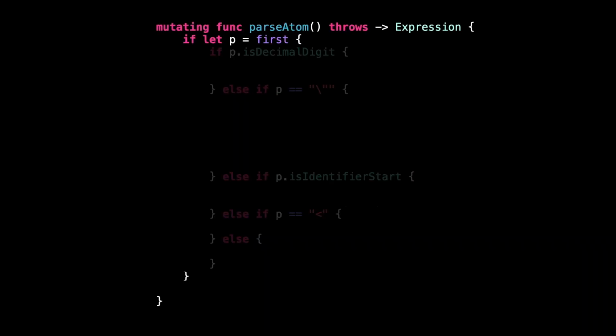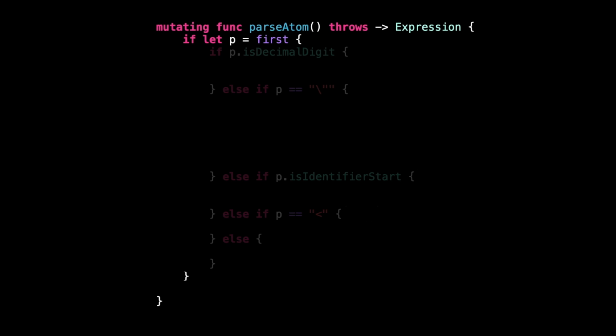Now, what does parse expression look like? Well, parse expression is built up out of smaller pieces, and the most essential piece is parse atom. This is parsing something like a string literal, a number, a tag, or an identifier, a variable. And it does that by looking at the first character.